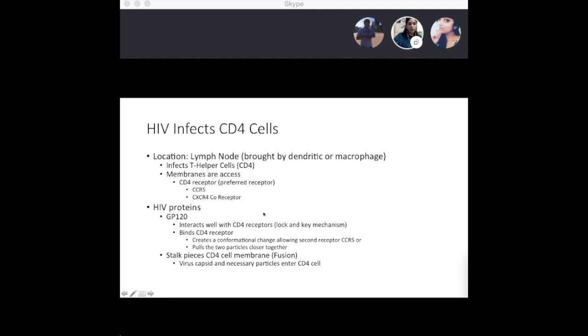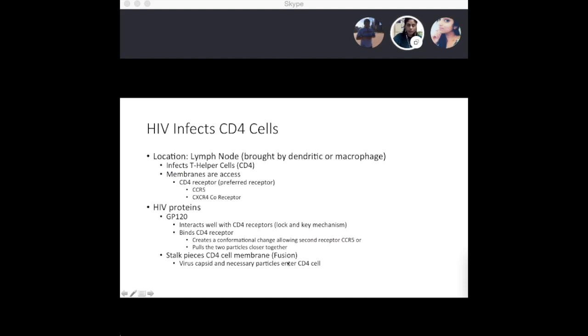So the GP120 binds to the CCR5, and once the binding occurs, there's a conformational change, allowing the co-receptor to also bind the CXCR4. And essentially, the 2 particles are now bound and close together.